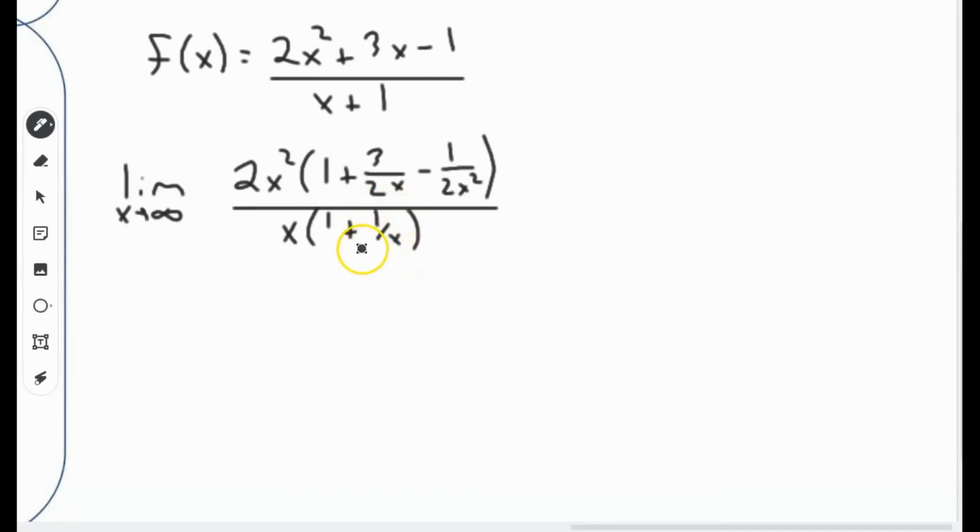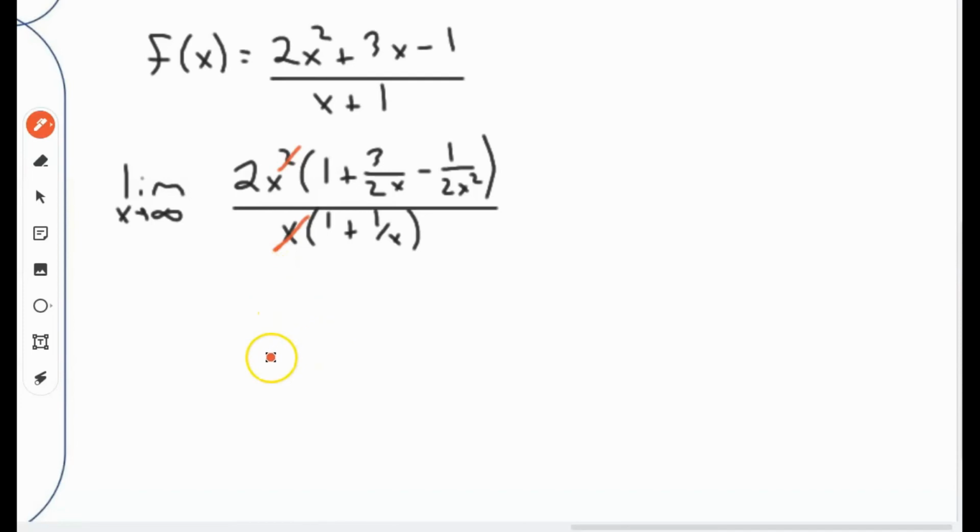So when we apply this limit, you'll notice these terms are 0, same with this term. But when we cancel out our x's, we're left with an x on the numerator, which means this limit blows up. It doesn't exist. So there are no horizontal asymptotes.